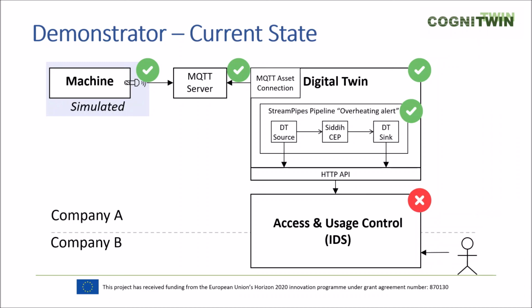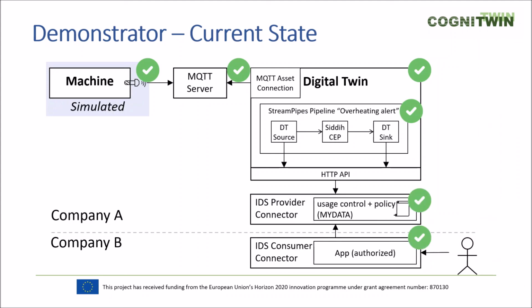The last part of our demonstrator tries to show how this data can be accessed by another company while enforcing access and usage policies. To realize this, we're using the International Data Spaces IDS standard. This requires each communicating party, here company A and company B, to have an IDS connector running.